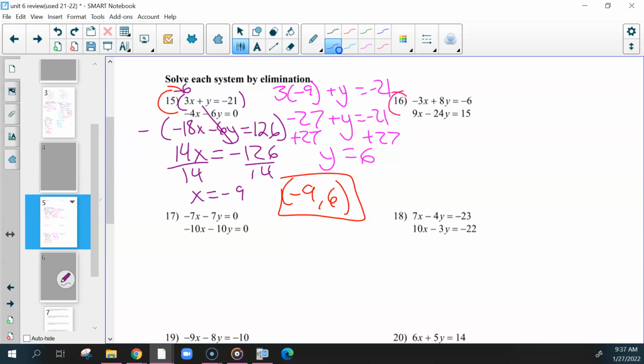You could just change the first and make them both 9. You could change them both to 18. Change them both to 27. You have choices. So if I multiply the first equation by -3, that would become positive 9x, negative 24y, and positive 18.